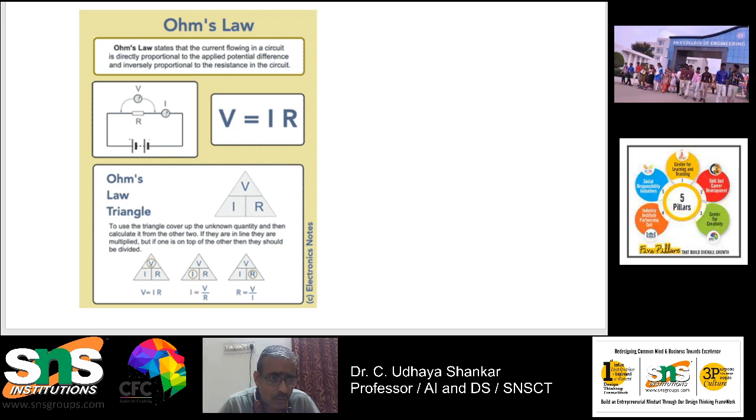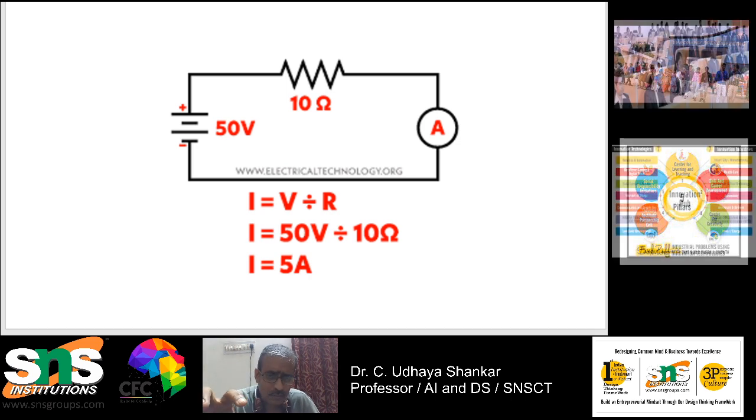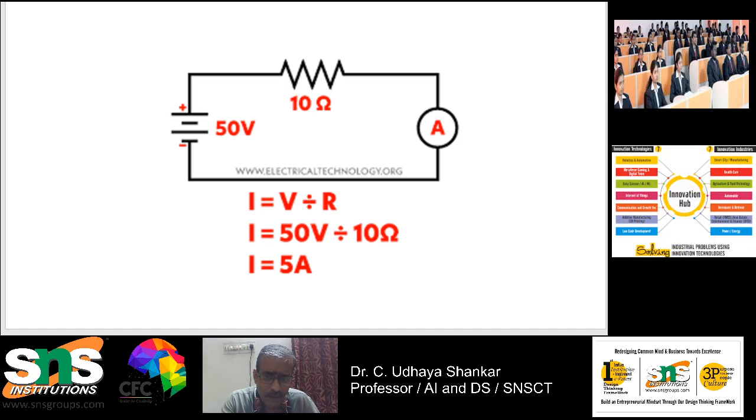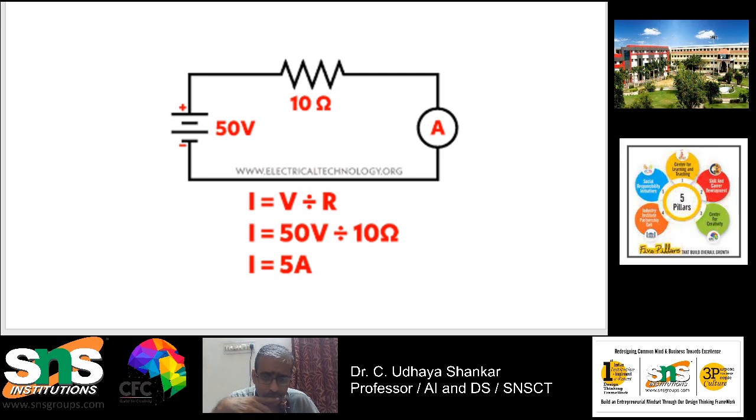So now we will solve one problem. Okay. So here there is a circuit. In this circuit, 50 volts is applied and a 10 ohm resistance is there, and you can see that the current I will be equal to V by R. That is I equal to 50 divided by 10 ohms, which is nothing but I equal to 5 amps.